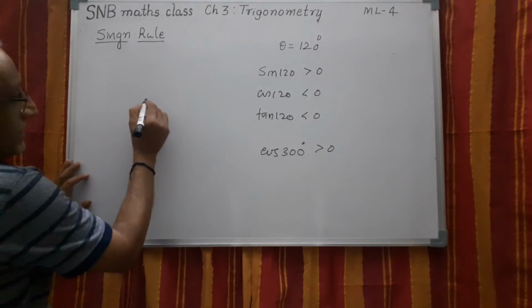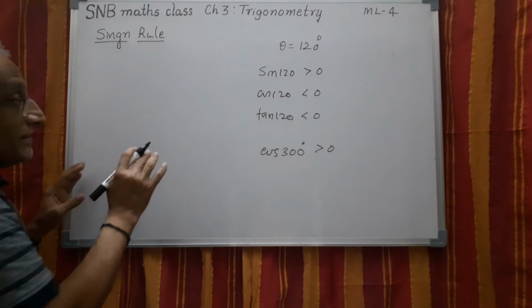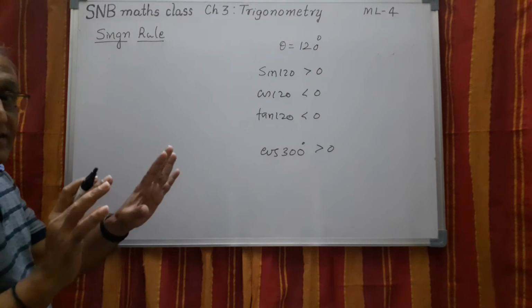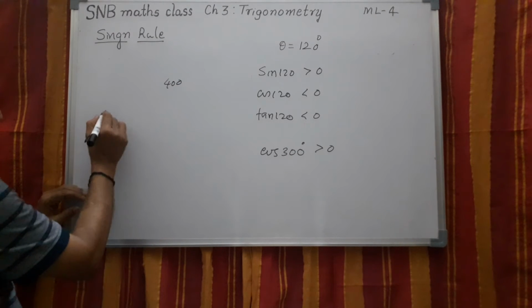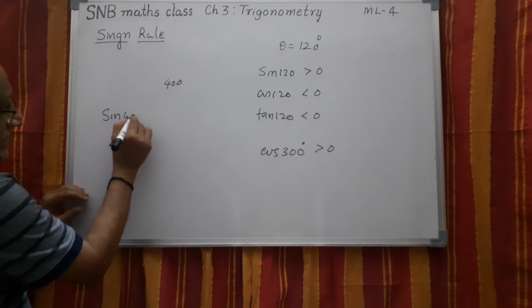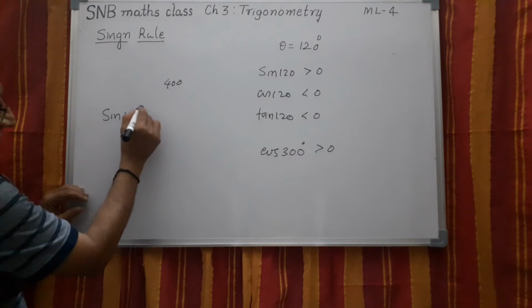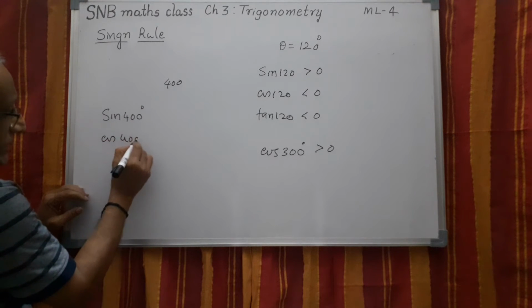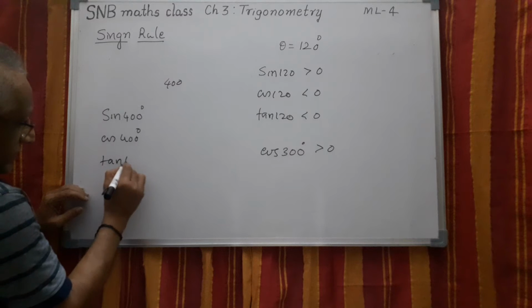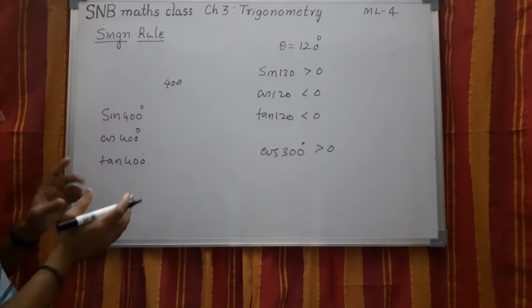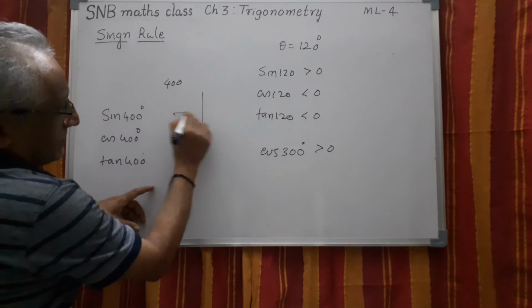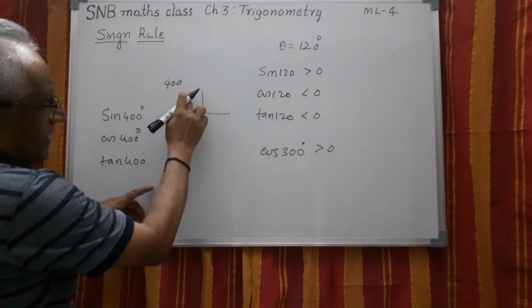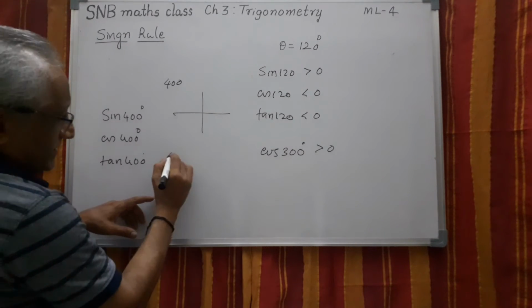Any other angle also you can say. For example, I have already told you in the first class, the angle need not be within 360, it can be more than that. Say 400 degrees. Suppose I am asking you the sine, cos and tan of 400 degrees. First you have to decide where this angle lies. 90, 90, 90, 90, it is 360.